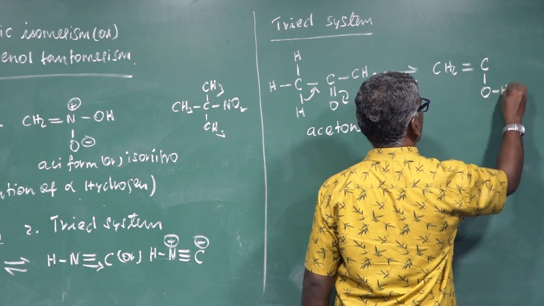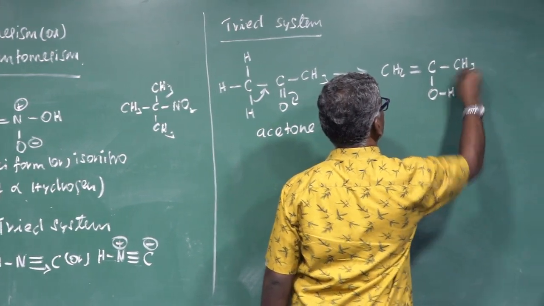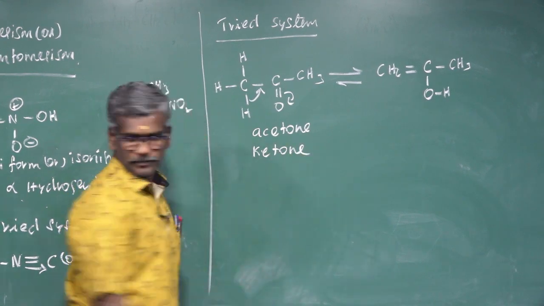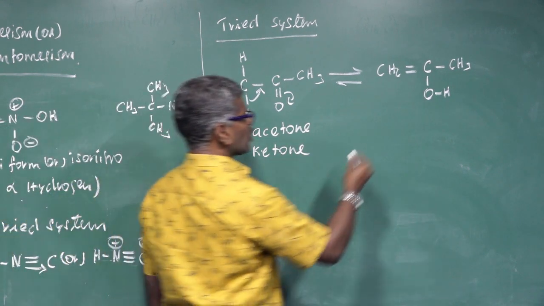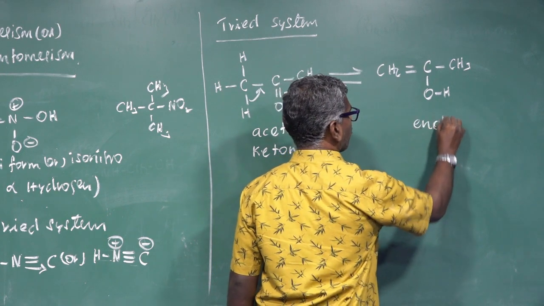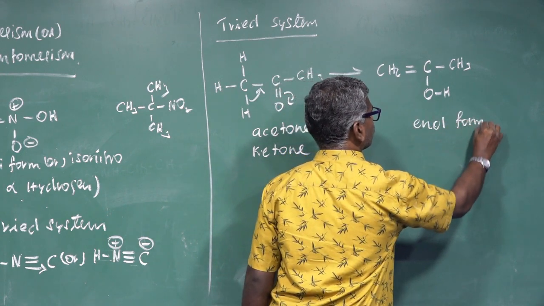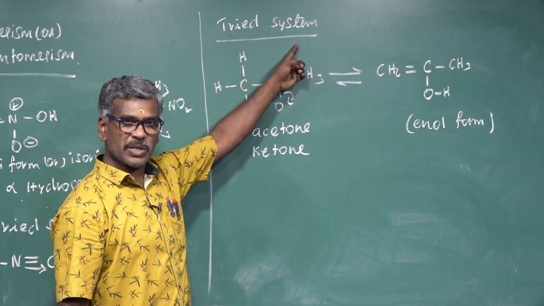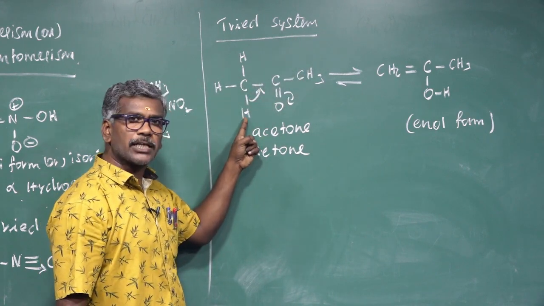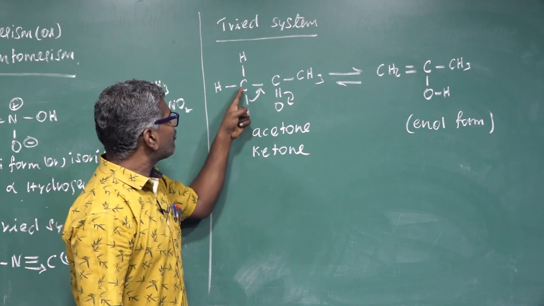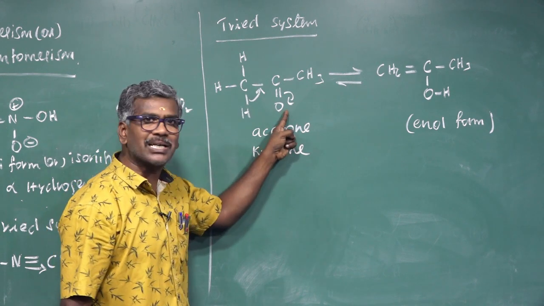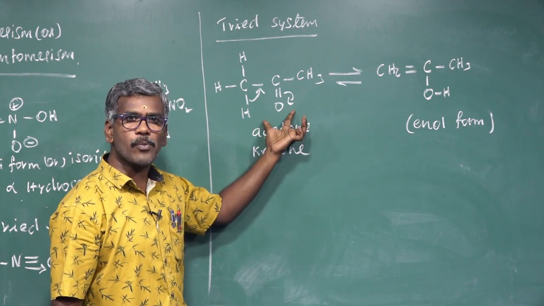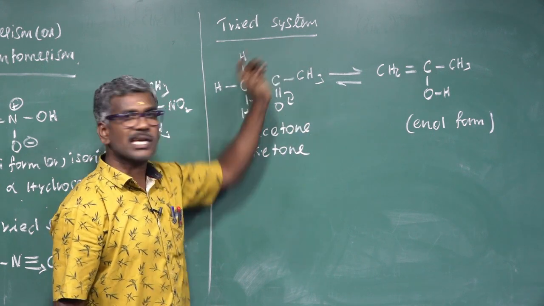This one is the keto form, this one is the enol form. What is the definition for the triad system? Hydrogen atom moves from the first atom to the third atom in a molecule or compound. This is known as the triad system.